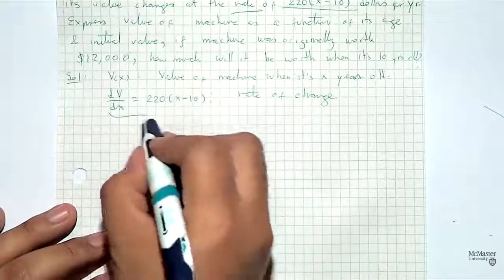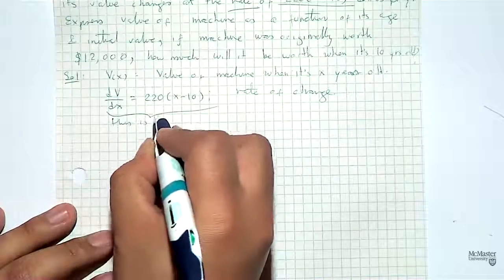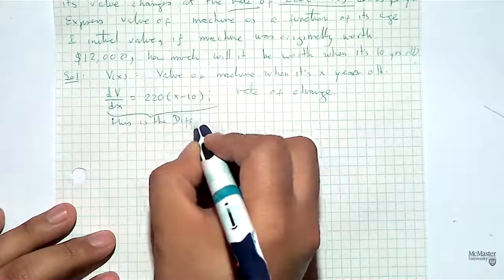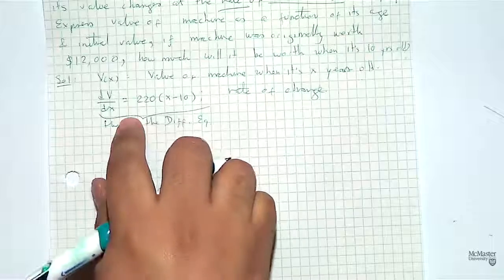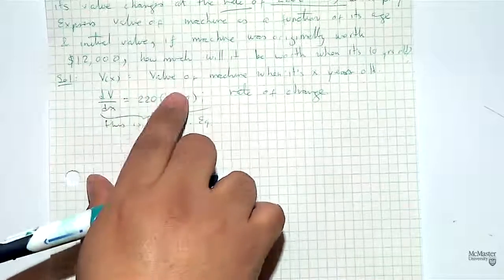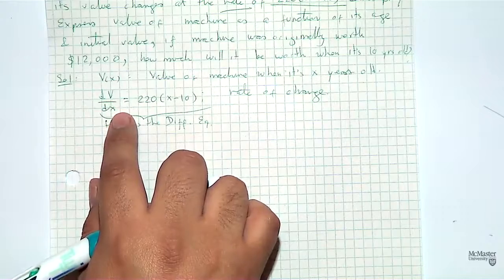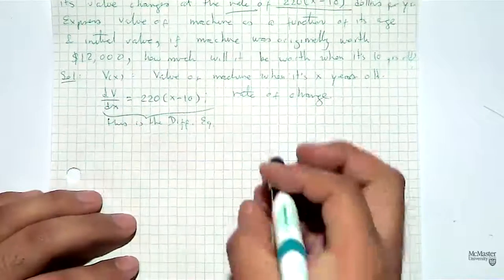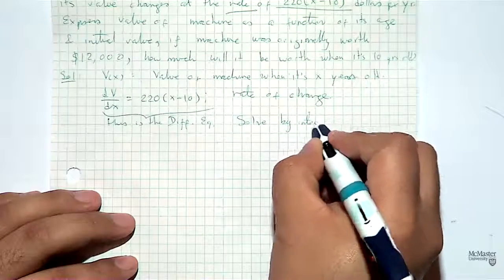So if you notice, actually, this is the DFQ of the problem. This is the equation that relates the dependent variable, which is the value of the machine, with respect to the independent variable, which is the time. And of course, in order to solve it, you have to integrate.